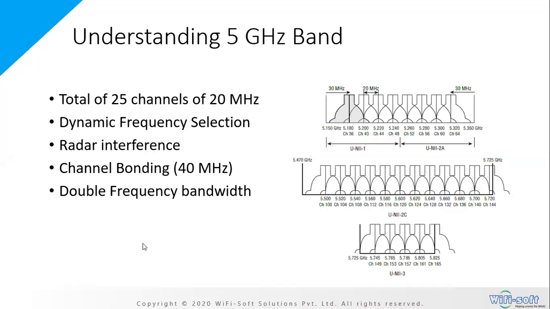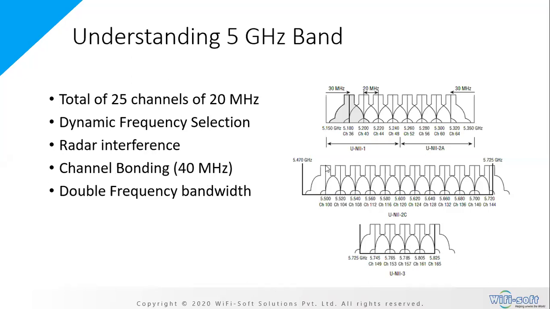Now, because you have bigger bands available, there is a unique concept called channel bonding that you can enable in 5 gigahertz. Although it can also be done in 2.4 gigahertz, it is really effective in 5 gigahertz, because here you can get a lot more 40 megahertz channels.